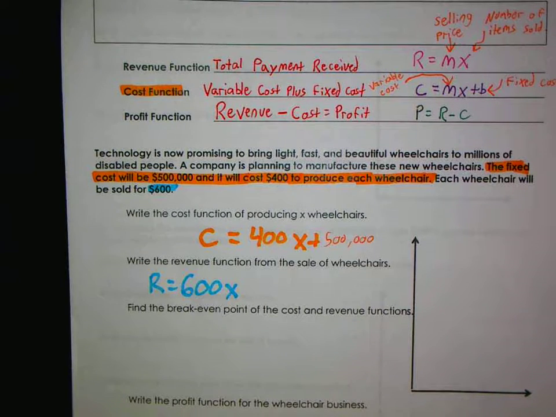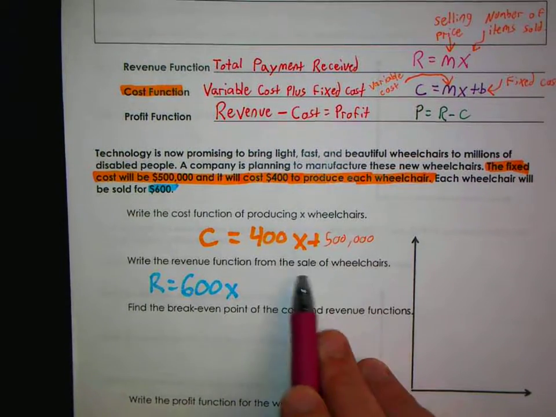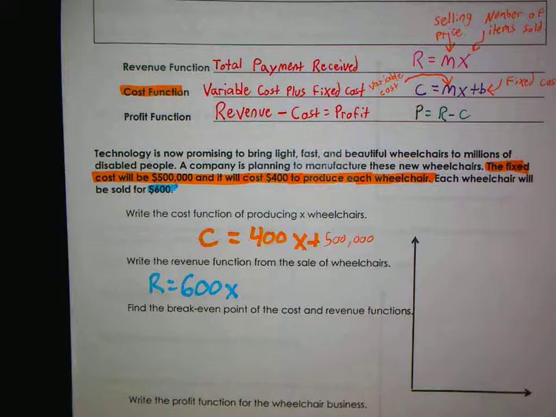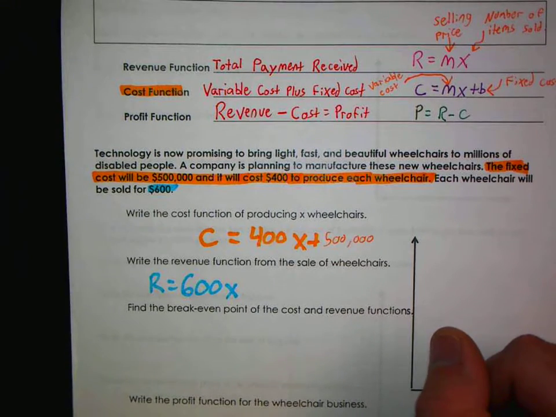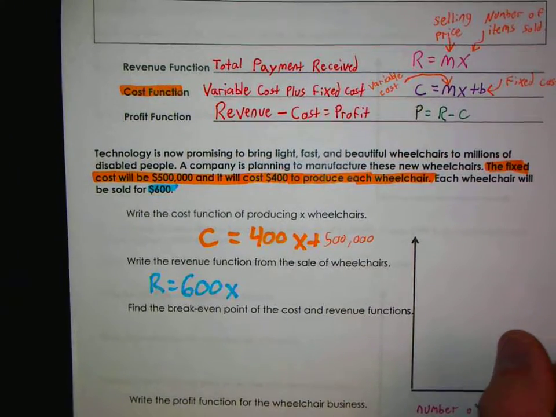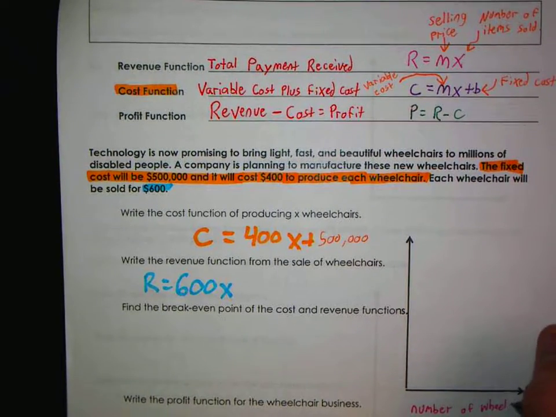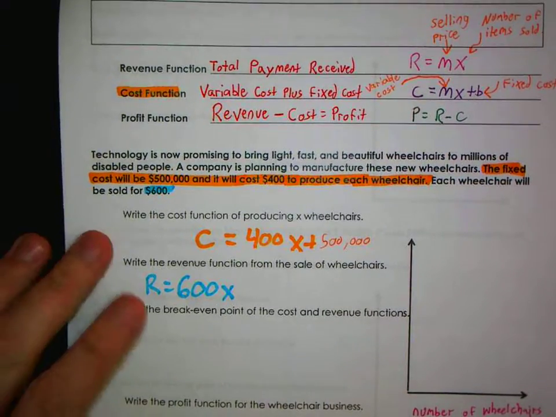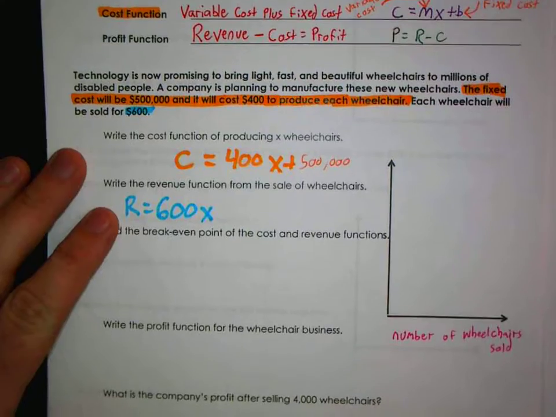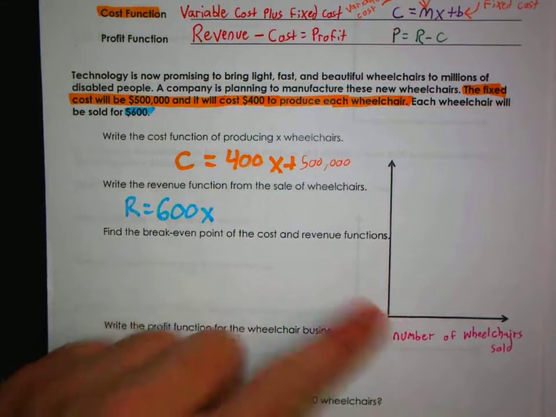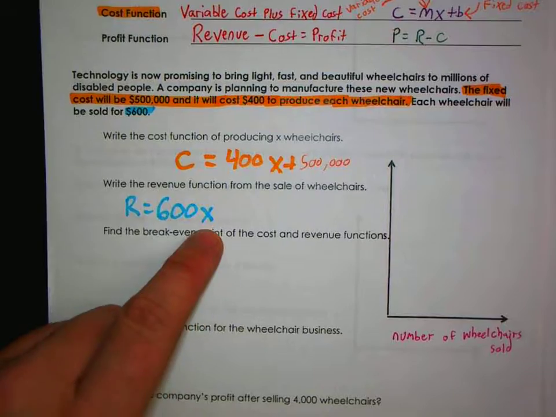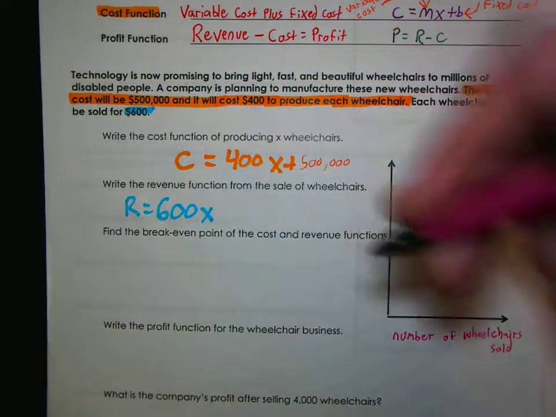Right. What I'm going to do is draw a graph over here. So X is number of wheelchairs sold, so I'll put that here. And then over here, we're producing a cost, we're producing a revenue. So let's just let this be money.